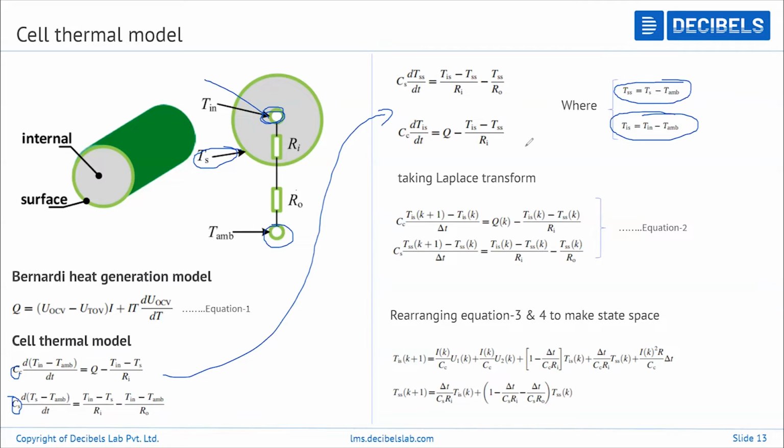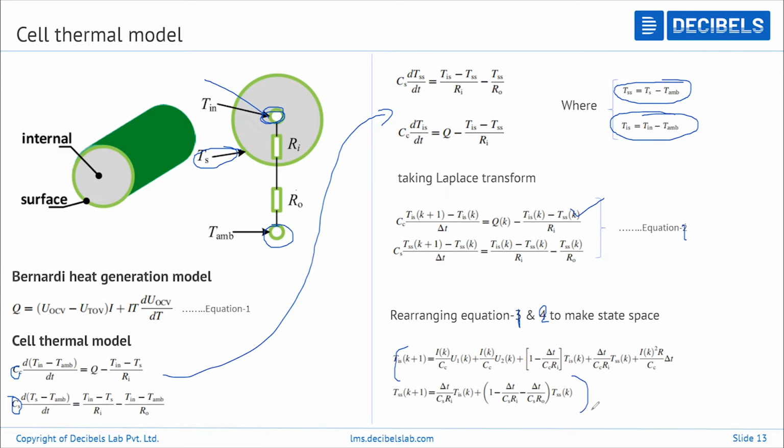Further, going for the Laplace transform, we get this set of equations, and then further rearranging the equation, it should be 1 and 2. And then we get these models.